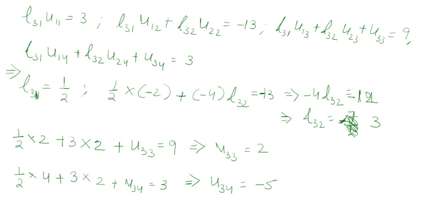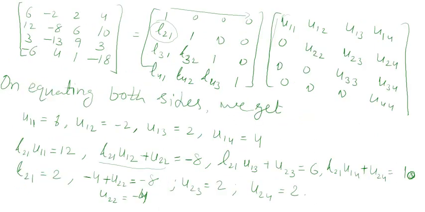Okay, right. So now we have obtained already all the entries till U34. So all the entries here, the first 3 rows in the upper triangular matrix and in the lower triangular matrix. Similarly, you can go for the last row multiplied by first column. That will give you the L41 value. Then use it to find L42.